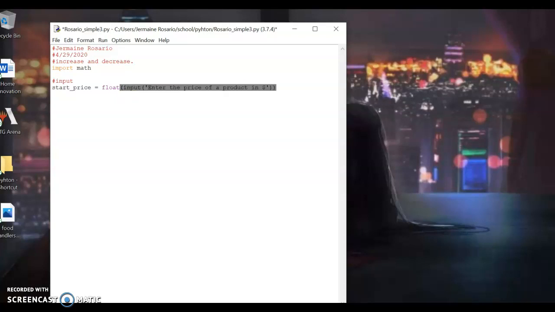And then we have to do the double parentheses so it can calculate the float and input.